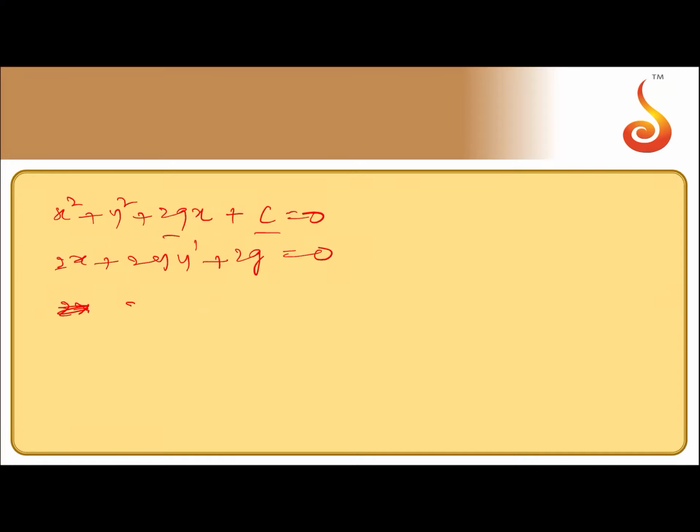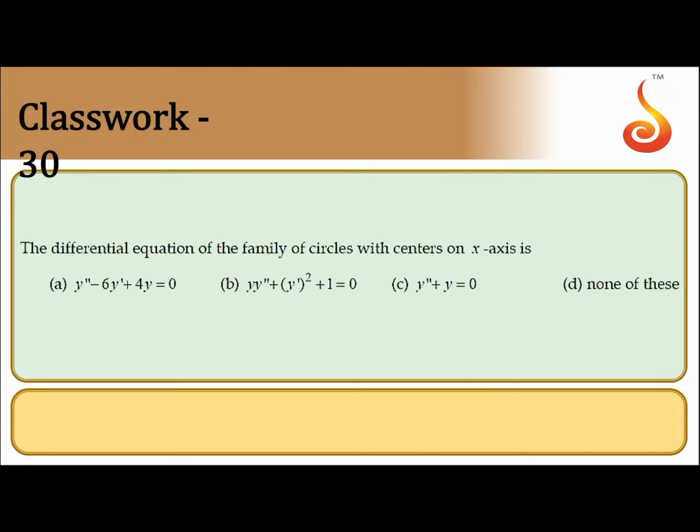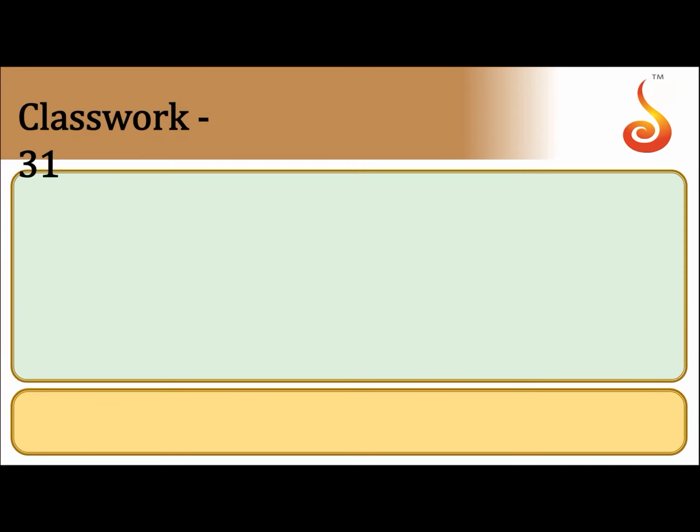You'll be getting x derivative, first one is 2 plus 2 times y dash into y dash, whole square, and 2y multiplied by y double dash equals 0. Dividing by 2, you'll be getting y y double dash plus y dash whole square plus 1 is equal to 0. So the answer is nothing but y y double dash. I think it is the B option.